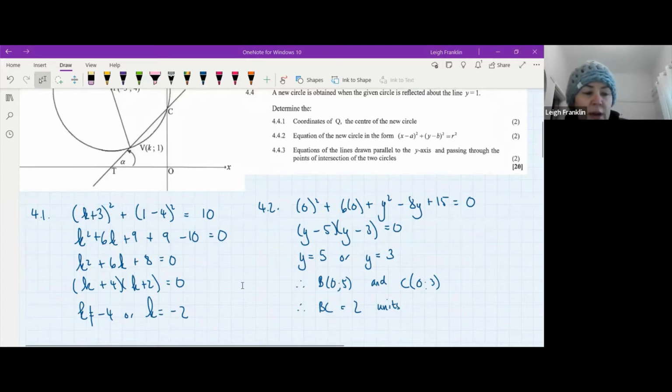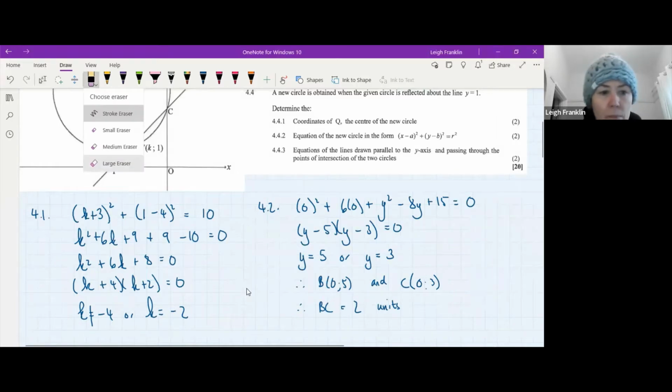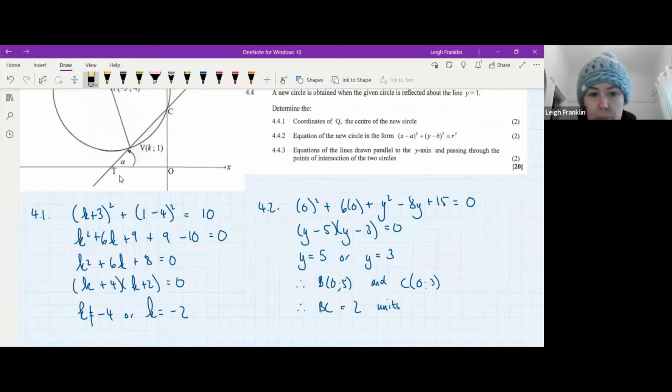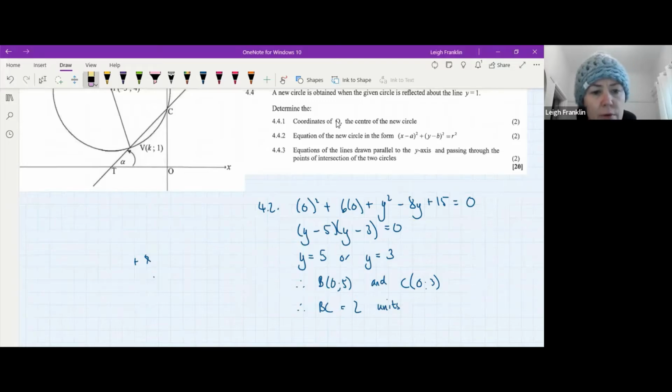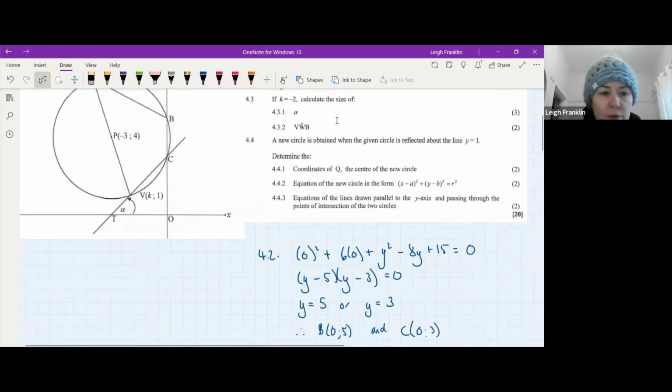Is it okay if I rub off 4.1? Yes, so I'm going to rub off 4.1 and work here. Now we know that the coordinate here is (-2, 1).